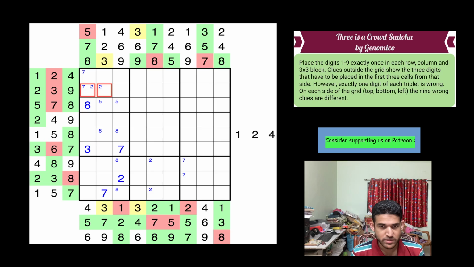Okay, 3 has to be here because of this, and that puts 3 here, which puts 3 in one of these 2 cells in column 3. 3 cannot be here because 3 being the incorrect digit, it cannot be there. So 3 is in one of these 2 cells. And now 8 is green, so this is 8. Very nice.